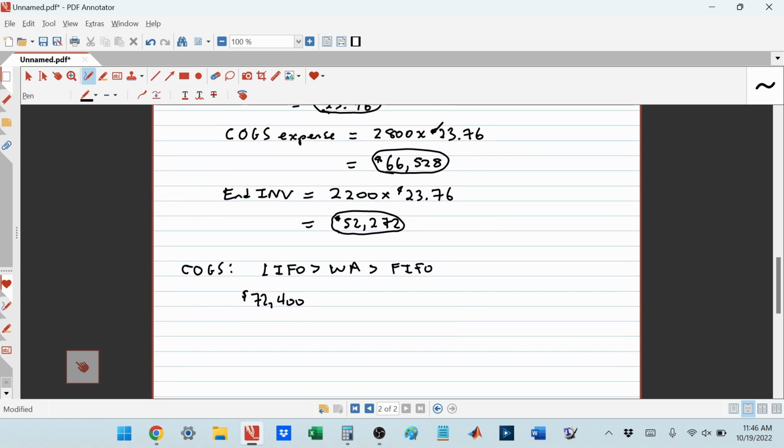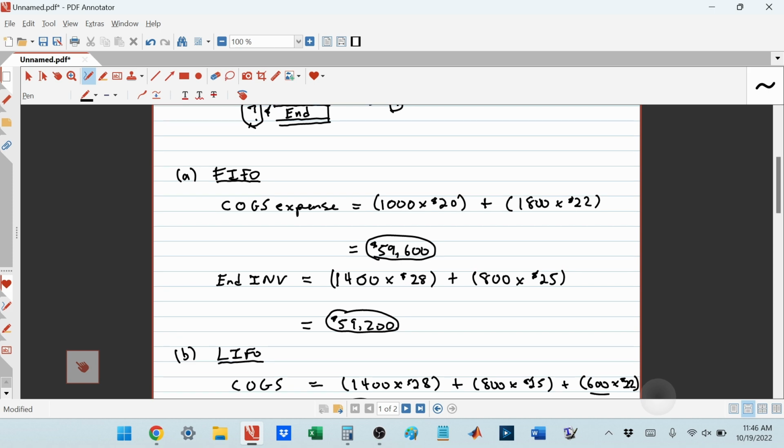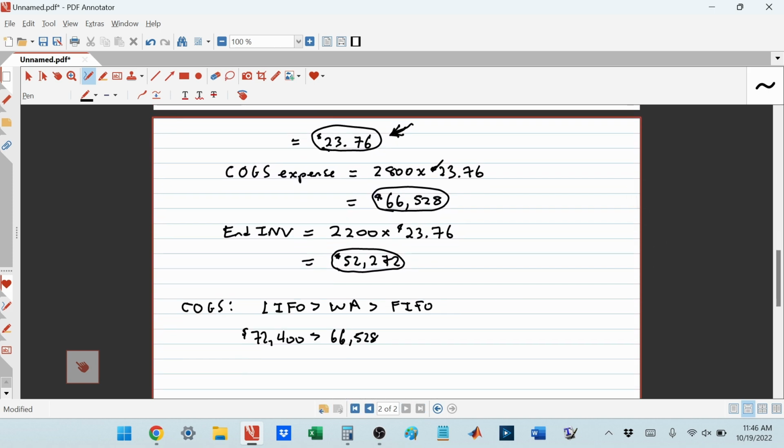Our weighted average COGS was 66,528. That is less than the LIFO COGS, so that's good. And then our FIFO COGS was 59,600, which is less than our weighted average COGS. So we can put a check here.